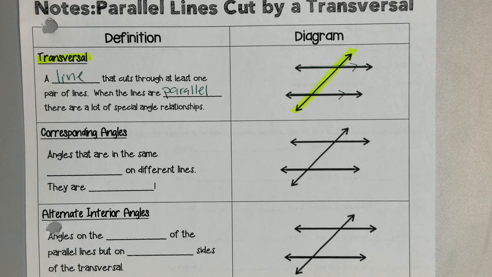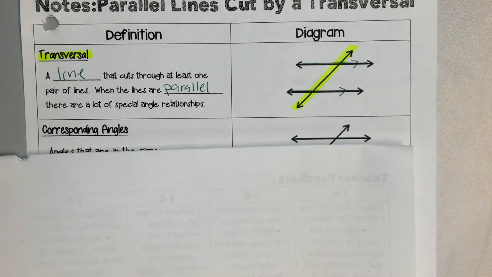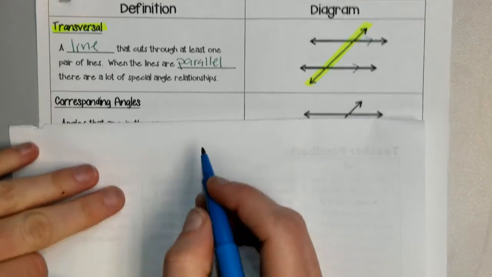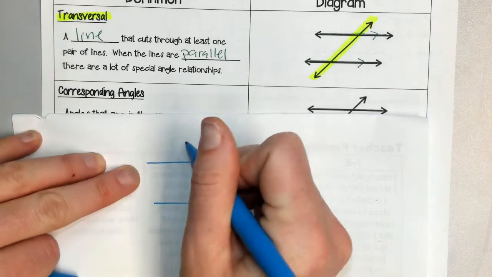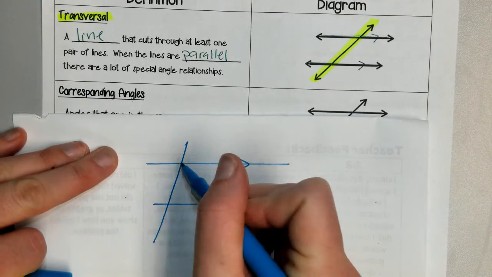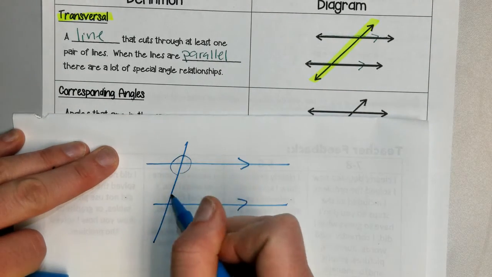You could also have a pair of parallel lines and a transversal, and then all of these angles are exactly copied down here.